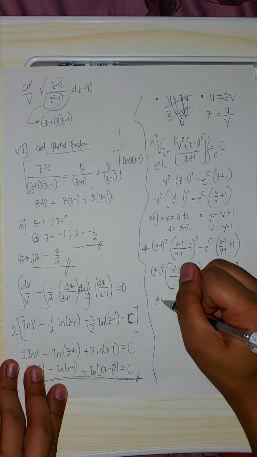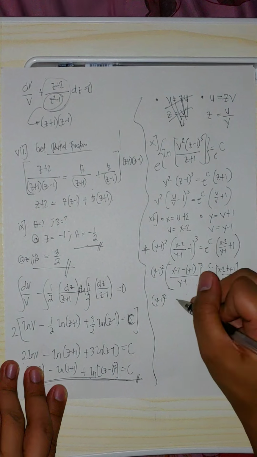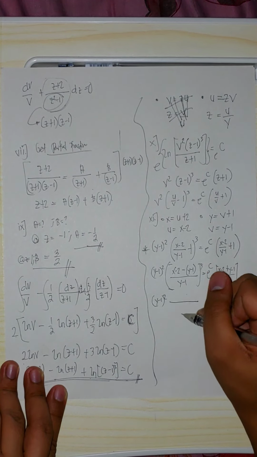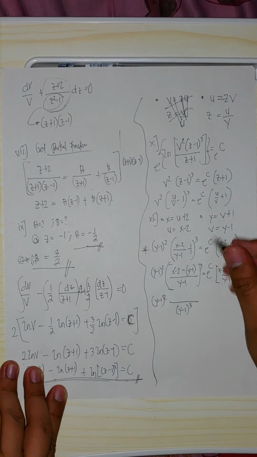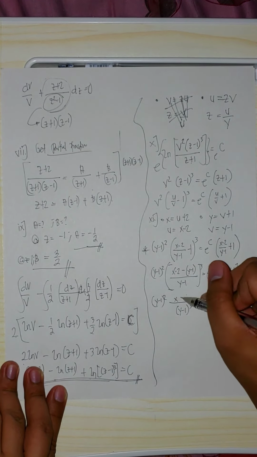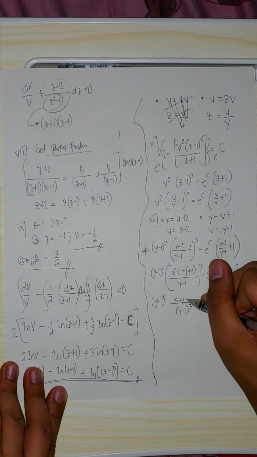And then we have y minus 1 squared. Since this is cubed, we can cancel it in the denominator, so the denominator y minus 1 becomes like y minus 1 cube. On top, we have x and then minus y. So negative 2 plus 1 because minus negative 1 is plus 1. So we have x minus 1.